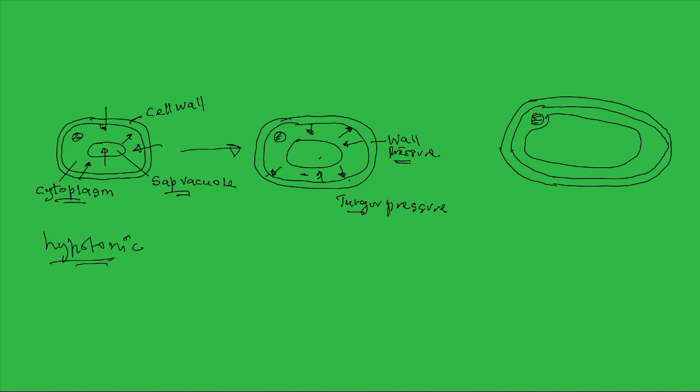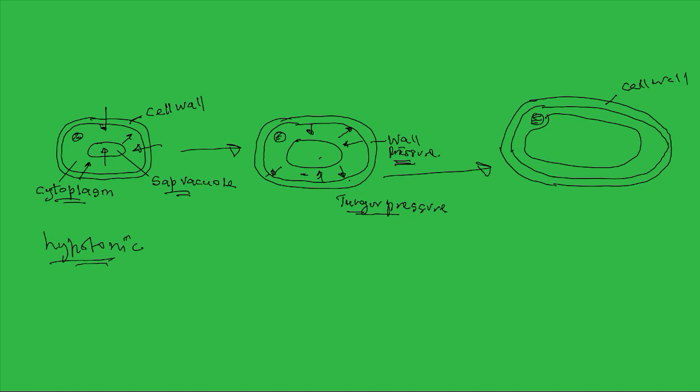Now, as more and more water enters the cell, the Turgor pressure will increase, and as a reaction, the wall pressure will also increase. So the cell will continue to expand, but remember, a point will be reached when this inelastic cell wall will resist further stretching.